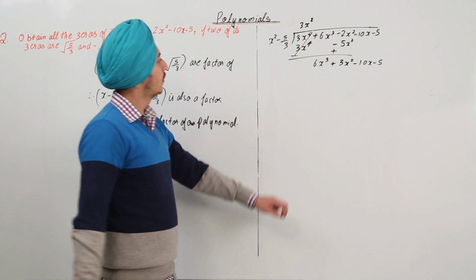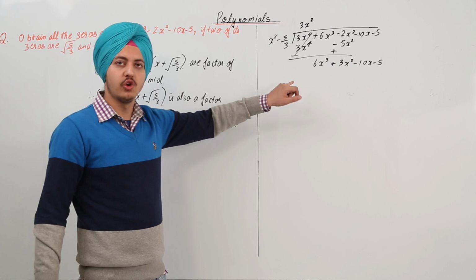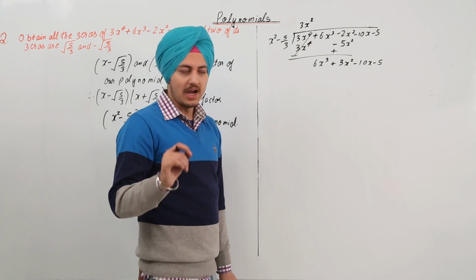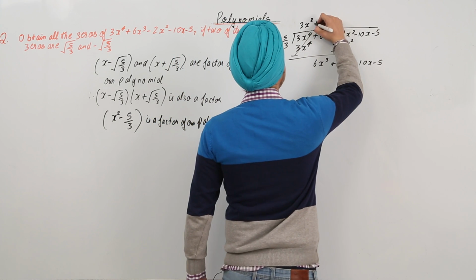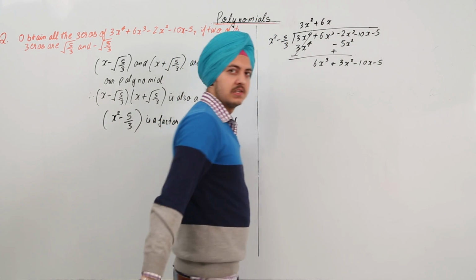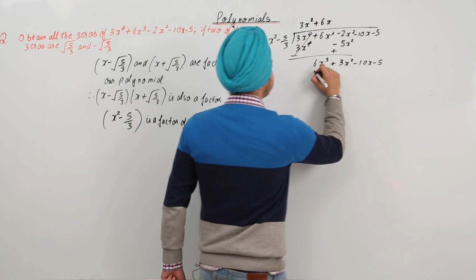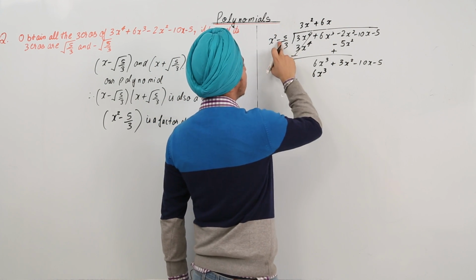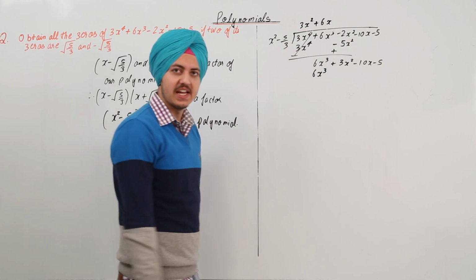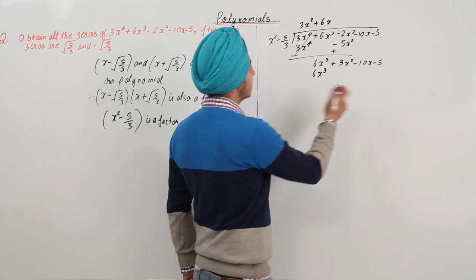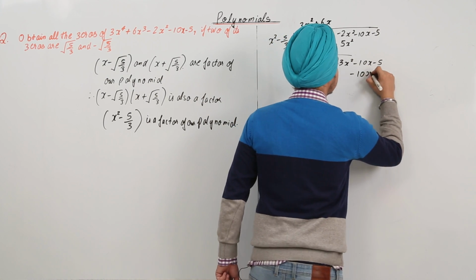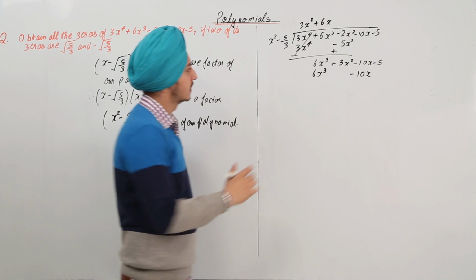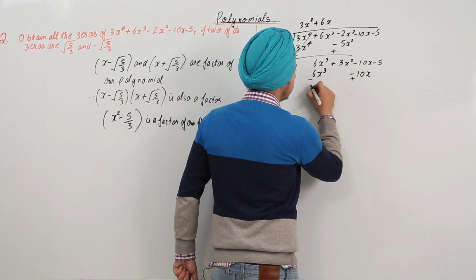Correct? Now what should be multiplied with x^2 so that we get 6x^3? I say plus 6x. Correct? So this becomes 6x^3, and minus 5/3 into 6x is minus 10x. So change of signs again.